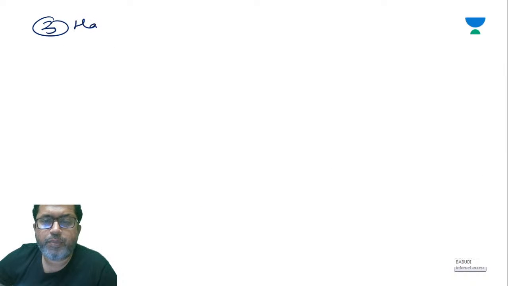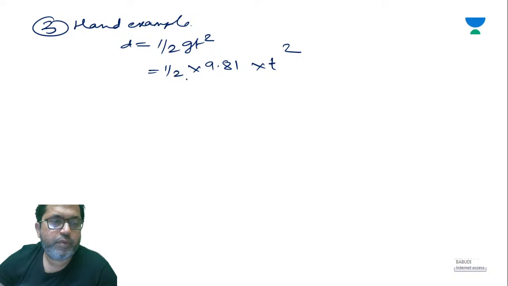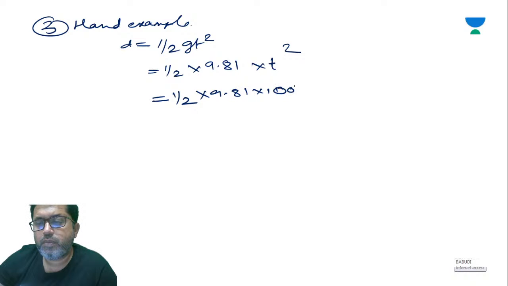Third step is the hand example. d is equal to half g t square, half into 9.81 into t square. We want the distance traveled up to the last point, 100 square.